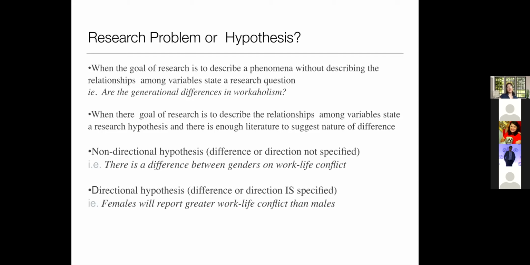But if there's not a lot of literature, or when the literature is conflicting, some studies say yes, some studies say no, then you can choose to state it as a research problem. Does that make sense?